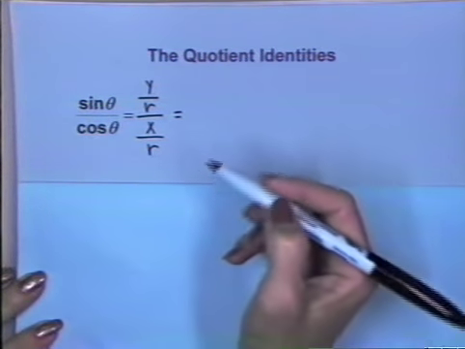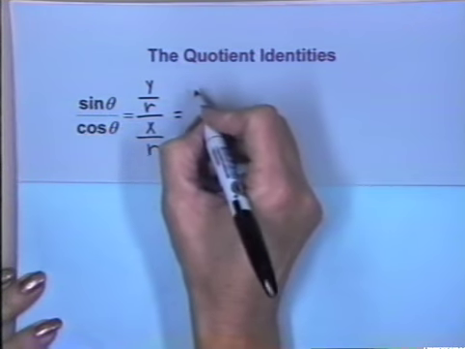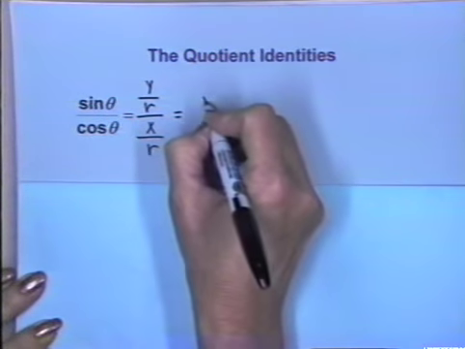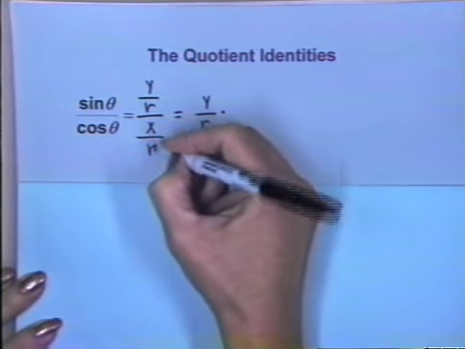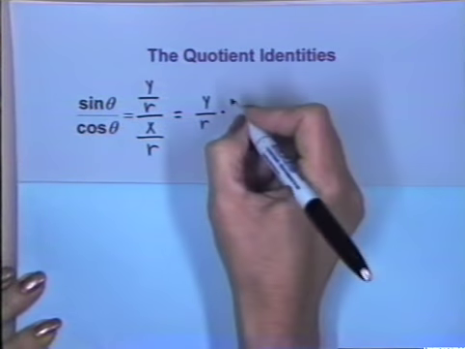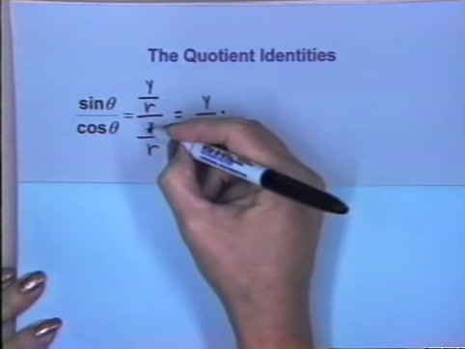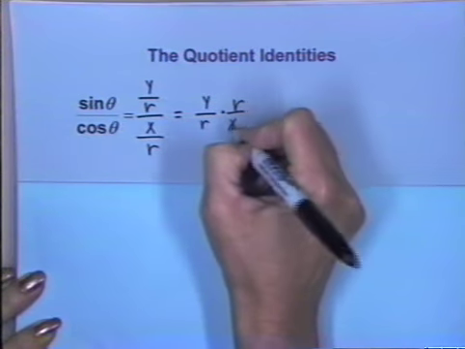Now let's simplify this fraction. When we divide fractions, we multiply by the reciprocal of the denominator. So we'd have y over r times the reciprocal of x over r, which would be r over x.